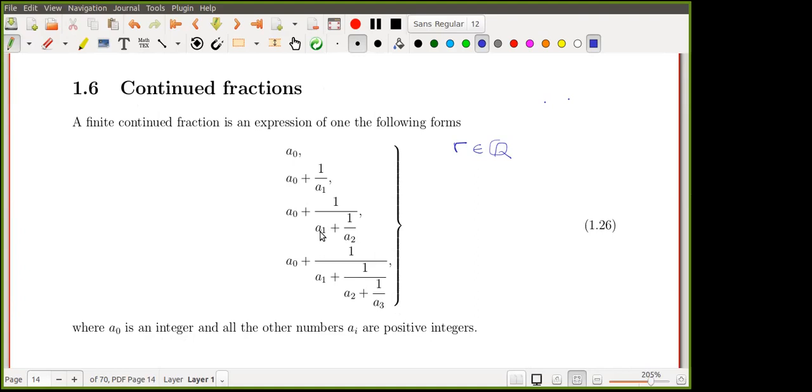And the remaining terms of the expansion, or the series, if we call the A case to be the series, from A1 up to AN, they are all positive integers except A0. So meaning that if your original R is a negative number, A0 will carry that negative sign, and the remaining A1 up to AN will be positive.